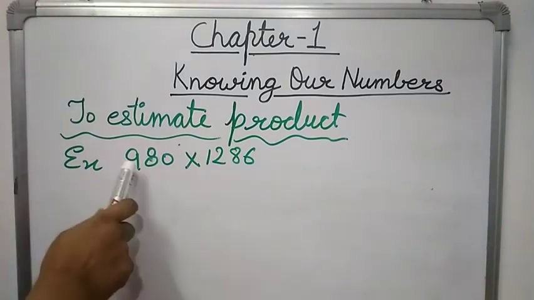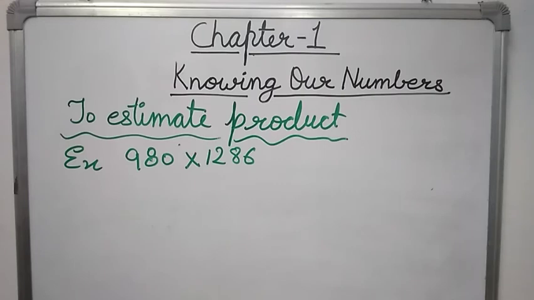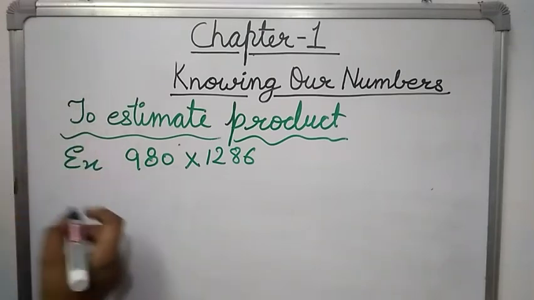Example is 980 multiplied with 1286. When it is not mentioned in the question that you need to estimate to the nearest 100, nearest 1000 or nearest 10, we will estimate it to the nearest.